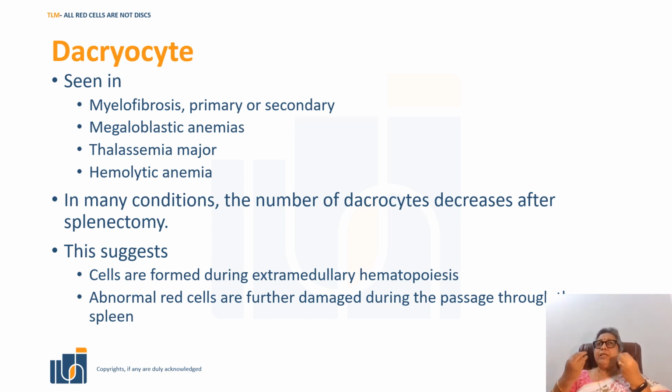So the presence of these teardrop cells, say you're looking at an elderly male, and you're seeing counts which are slightly on the lower side, and you're seeing these teardrop cells, look for evidence of dysplasia, and probably you're looking at a case of either myelofibrosis or some other kind of hematopoietic disorder.